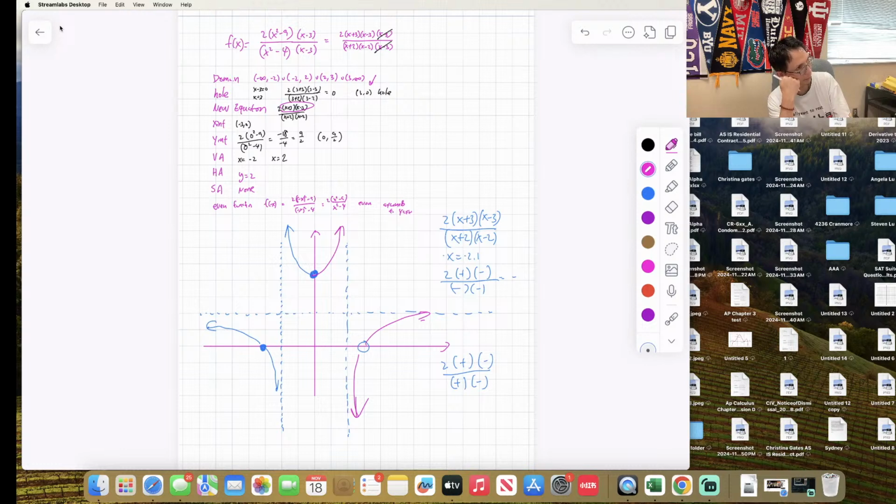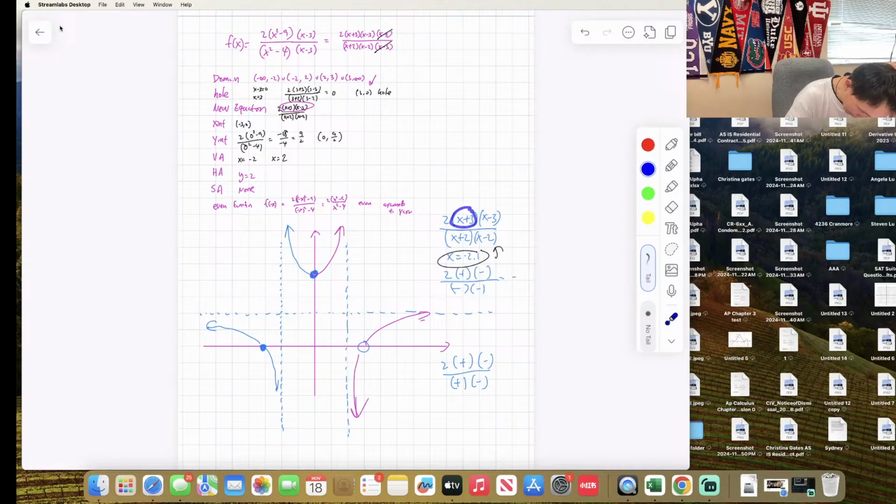Can you have a positive and negative? That's fine. I will plug in x equal to 2.1 into here. Imagine that if you plug in negative 2.1, is that going to give you a positive here or negative? It's going to give you a positive. Negative 2.1 plus 3 is positive, so this is positive.